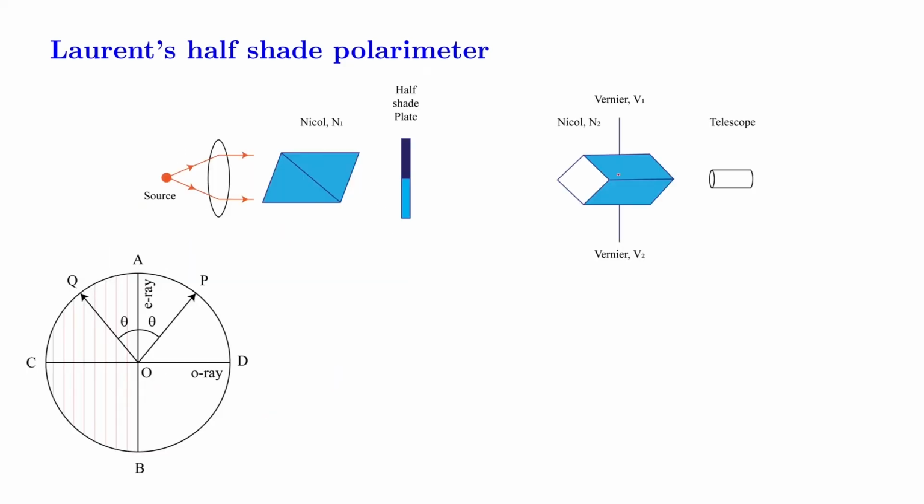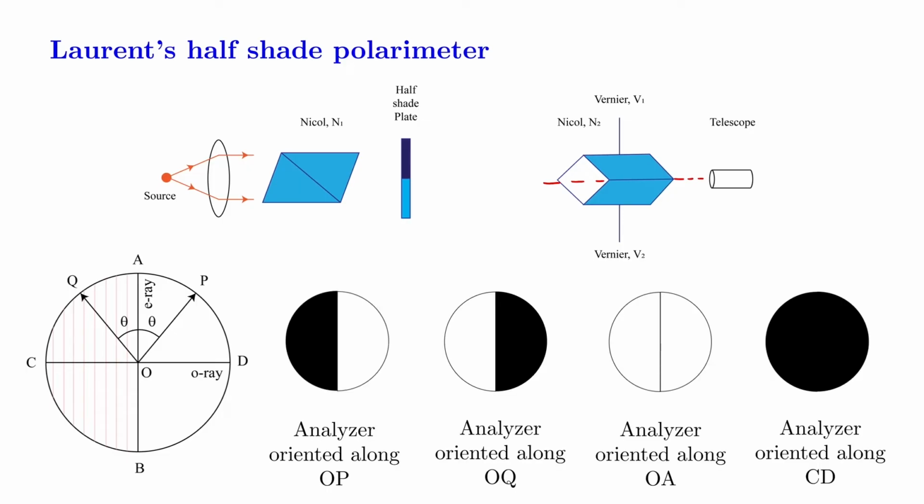Initially during the experiment, we'll remove the glass tube containing the sugar solution. When we rotate the nickel prism N2 along an axis like this, for different orientations of N2, one side of the half-shade plate will be brighter or darker. If the principal plane of the nickel N2 is aligned parallel to OP, the plane polarized light emerging from the glass plate of the half-shade plate appears bright.